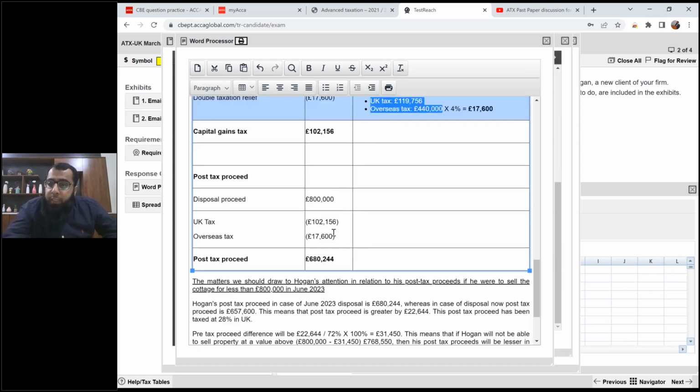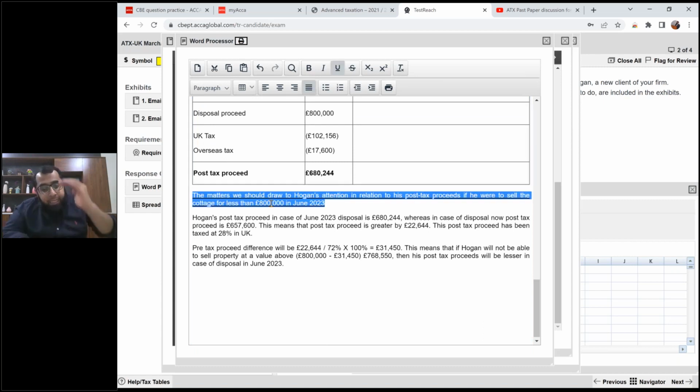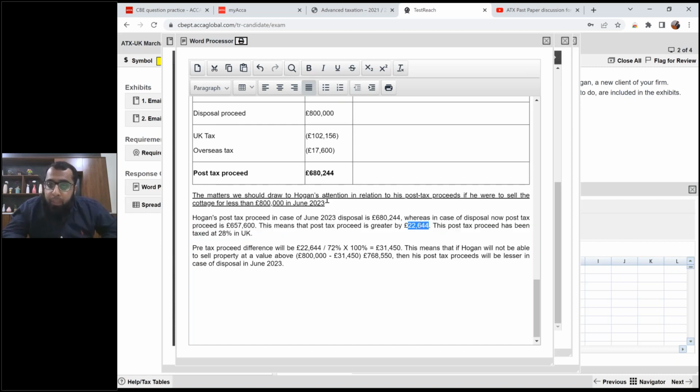CGT post-tax proceed. Now, he said that if he were to sell it at a lesser value, then what should he consider? The difference between two post-tax proceeds. One was 682.44 and one was 657,600. The difference between two post-tax proceeds was 22,644.